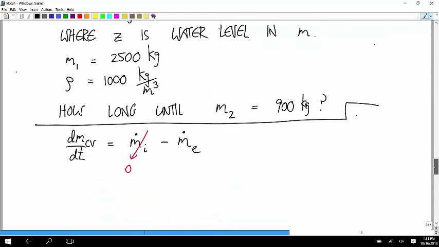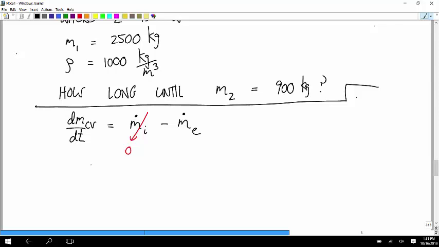let's see. So we know that the rate of flow coming out is A, the cross-sectional area of the duct, times the velocity over the specific volume. That's an equation that we're going to use a lot in problems like this. And you can also write that as the density times AV.